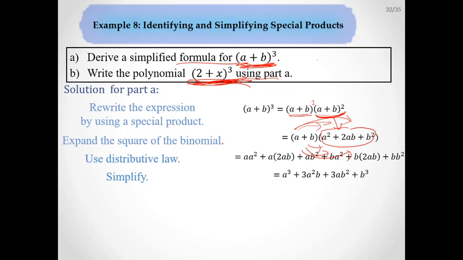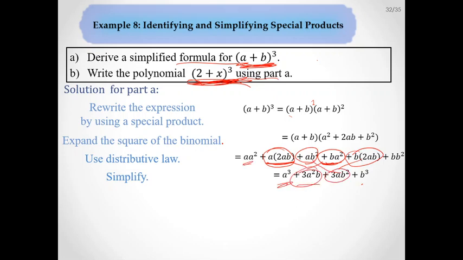Then after combining the similar terms, we get 2A squared B, and these two combine and these two combine, so it gives you these terms.